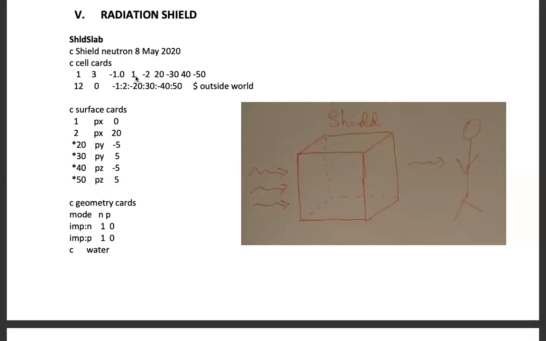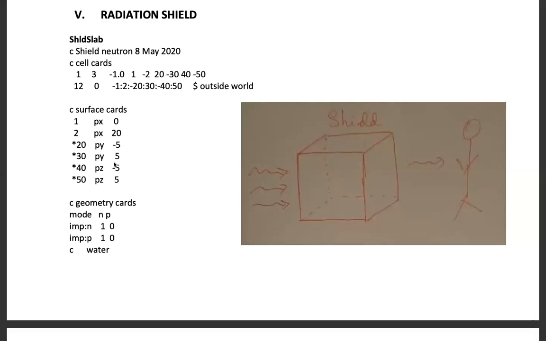So this is the intersection of everything to the positive of surface 1 with that of negative to surface 2. This is the union of everything less than surface 1, everything greater than surface 2, everything above this, everything below this, everything in front of this, and everything behind it. So that's what we call the outside world.